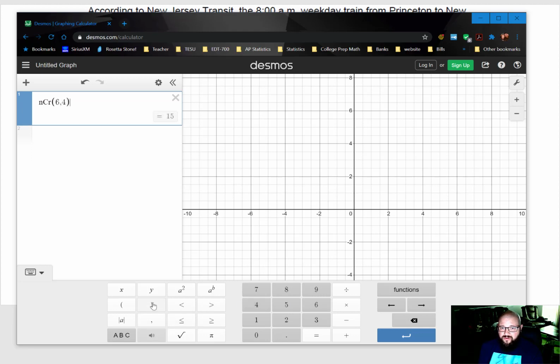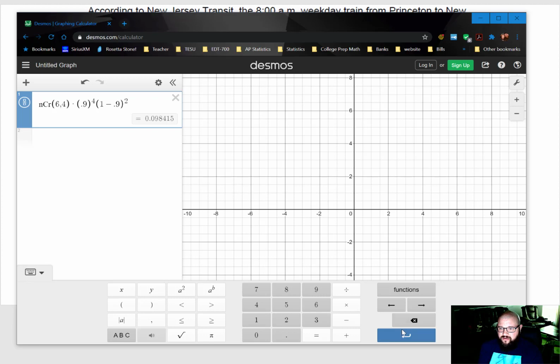Okay, so we know we got that value. Then we simply want to multiply it times our value of 0.9, and that was raised to the power of 4 successes. Okay, and then we're going to multiply this all by our 1 minus 0.9, and we're going to raise that to the power of 2.